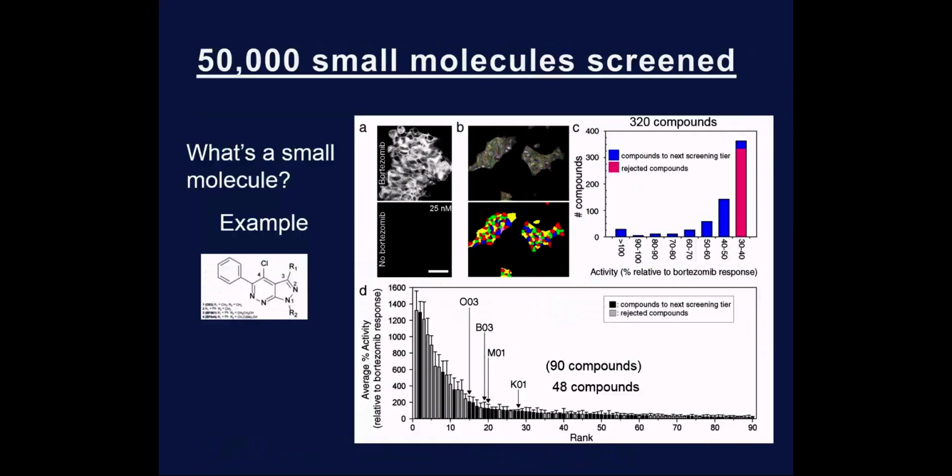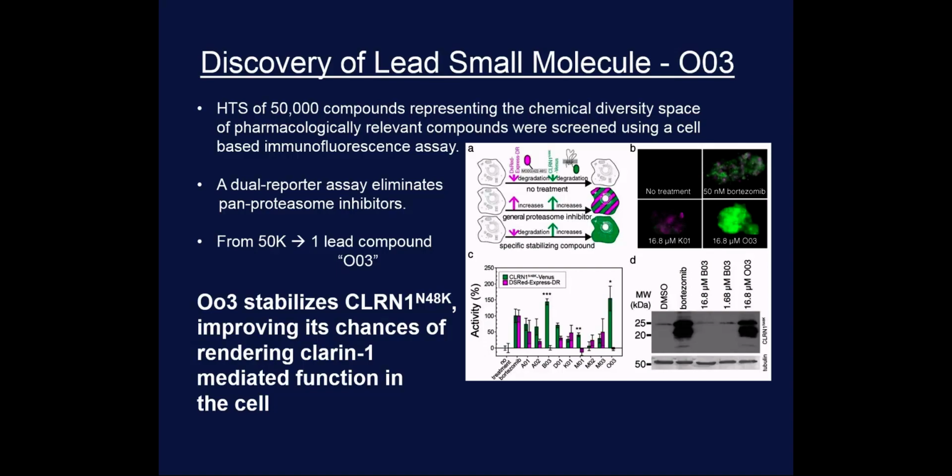This slide shows essentially a schematic of our effort to screen a small molecule library consisting of about 50,000 small molecules. Here, cells expressing the Clrn1 N48K protein fused to a reporter gene are screened against each of those 50,000 small molecules. After a couple of years of hard work, we arrived at one compound which is labeled O03.